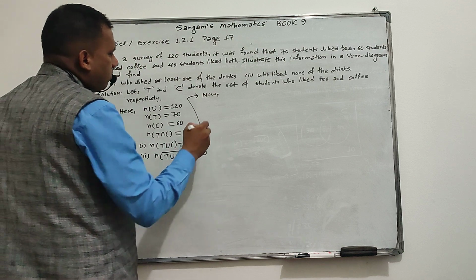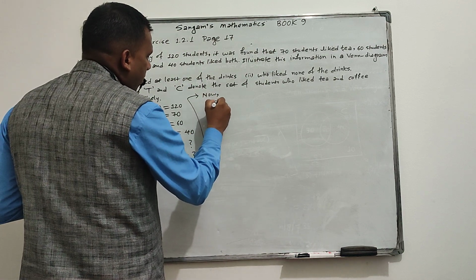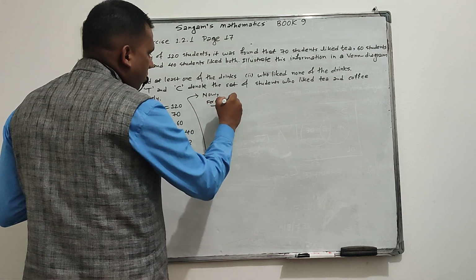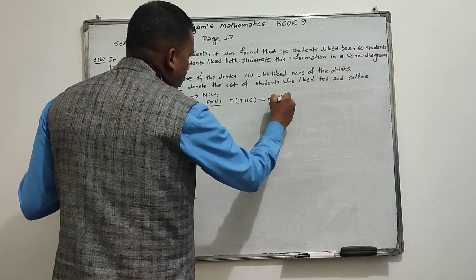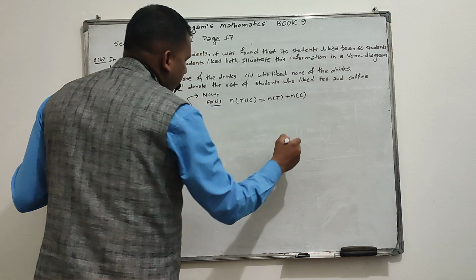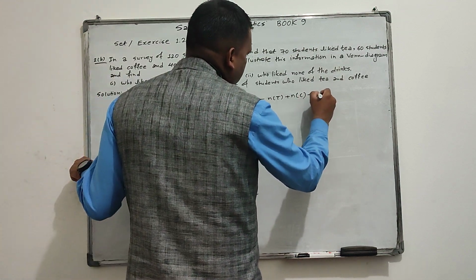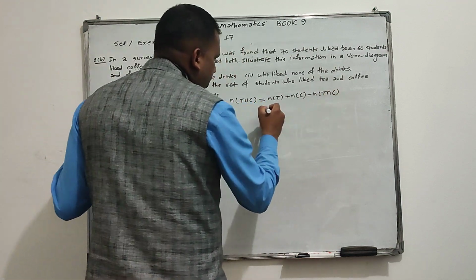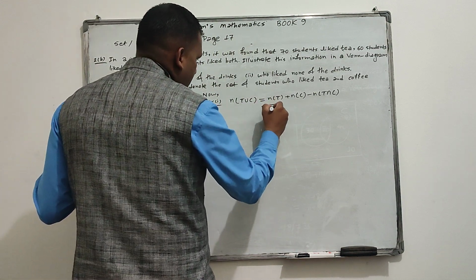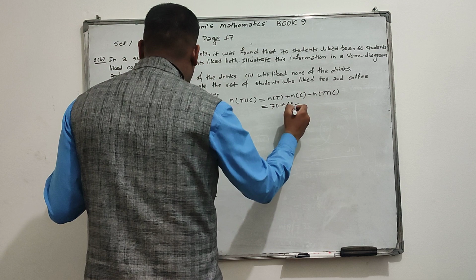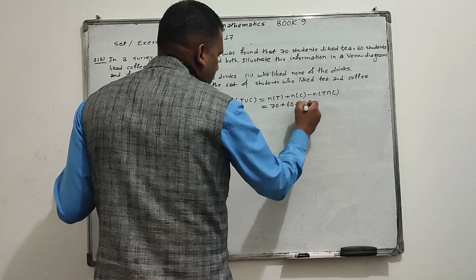Now, for 1, using the formula, n(T ∪ C) = n(T) + n(C) - n(T ∩ C). That is 70 plus 60 minus 40.